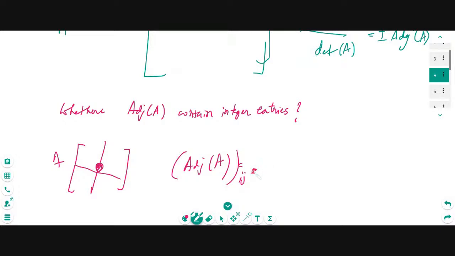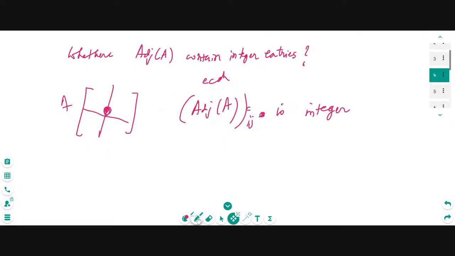Therefore, each ijth entry of adjoint of A is an integer. Why? Because the determinant of a matrix with integer entries is an integer.